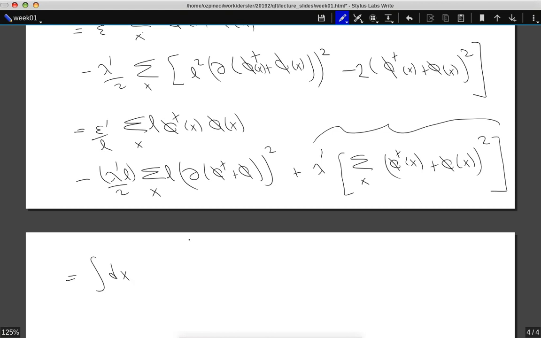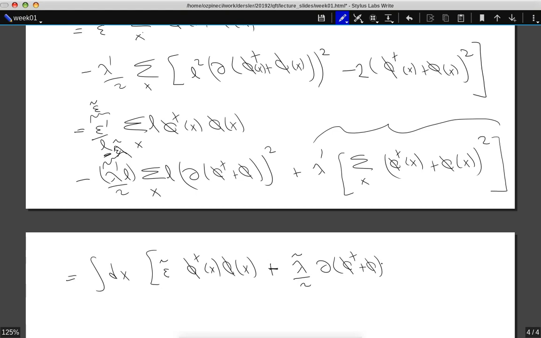Here, this whole thing I defined as epsilon tilde. This thing, let me also define by lambda tilde. I have epsilon tilde phi dagger x phi of x. Let me call this minus lambda tilde. Plus lambda tilde over 2 derivative of phi dagger plus phi squared.